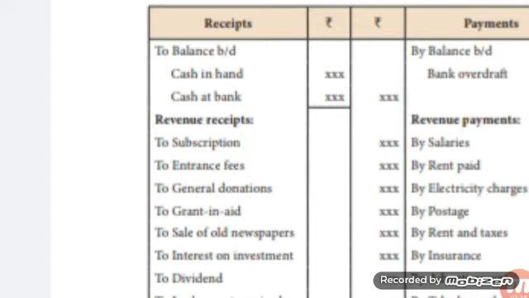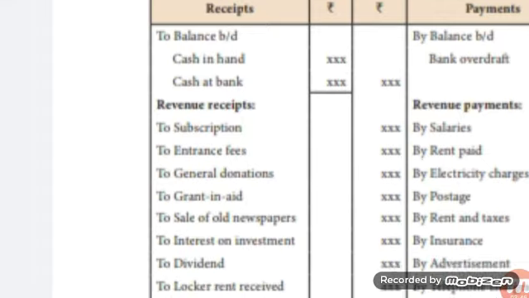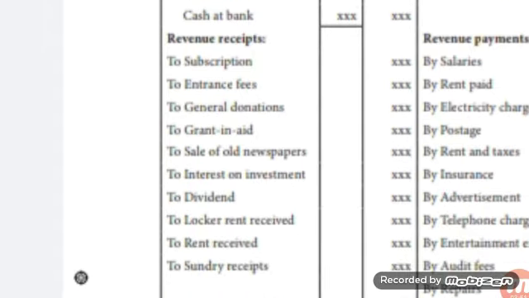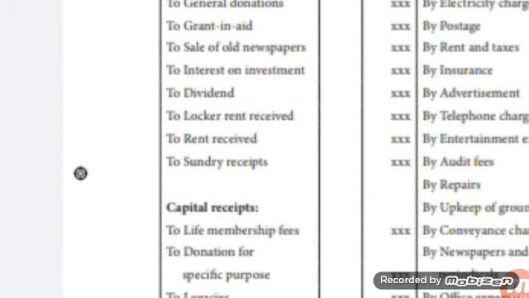You already learnt about revenue receipts and revenue expenditure in the previous class. What are the revenue receipts? Subscription, entrance fees received, general donations, grant in aid, sale of old newspaper, interest on investment, dividend, locker rent received, then sundry receipts. Sundry receipts means many other receipts. Then capital receipts.